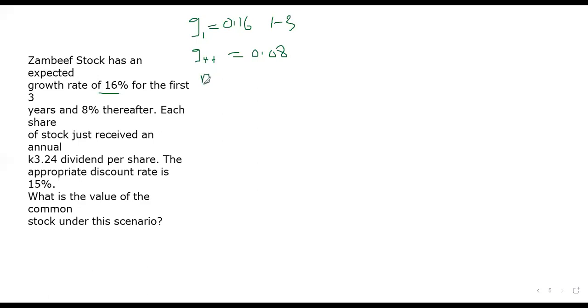We just received the dividend, so D0 is 3.24. The appropriate discount rate, so our K, is 15%. Are we together with the entire information?